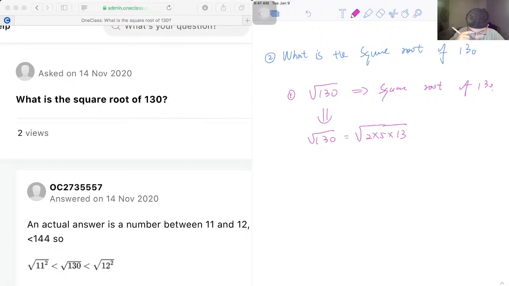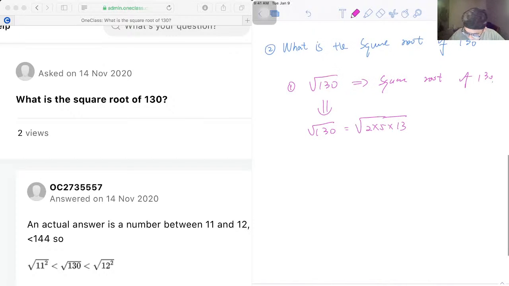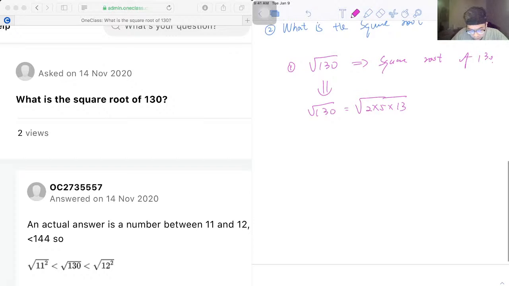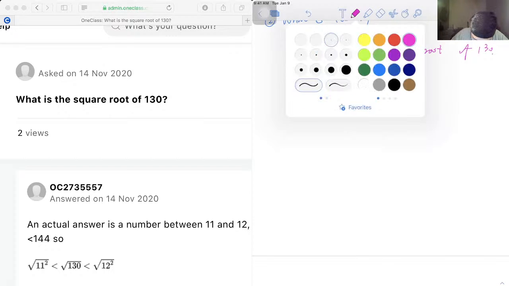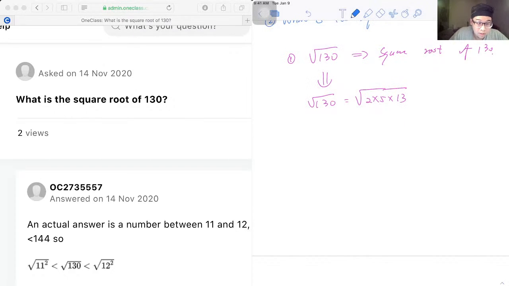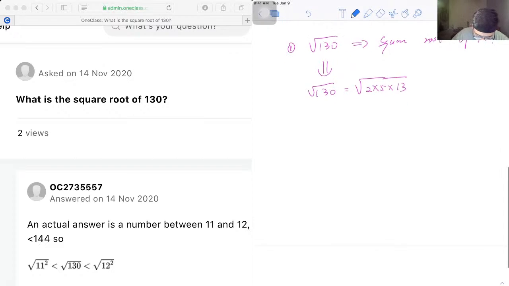We realize that there are no perfect square factors of 130, so root 130 cannot be simplified anymore. We can only give it a range as to where its actual answer lies.